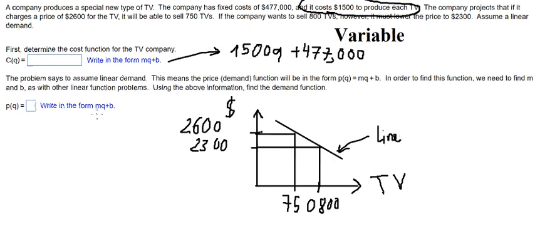To do this one, we need to find the slope. The slope is delta y over delta x.